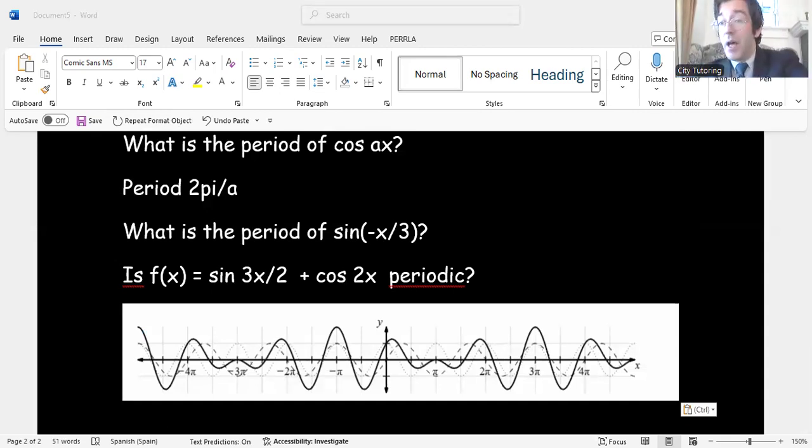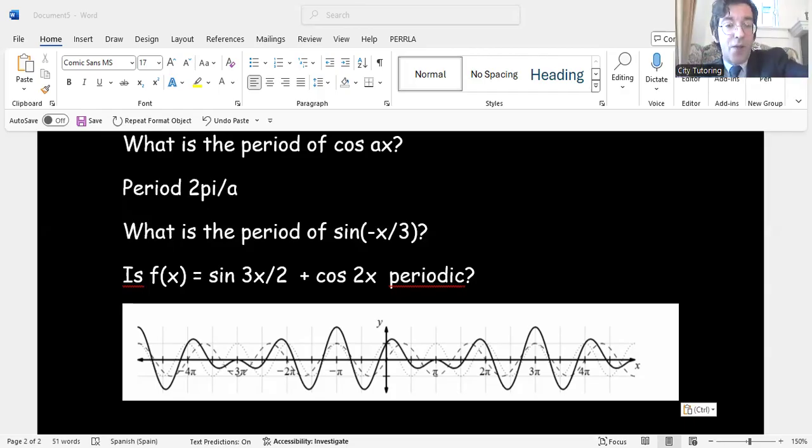So the solid line is sine of 3x over 2 plus cosine of 2x. And the dashed line is y equals sine of 3x over 2. And the dotted line, you should be able to see it also, very faintly though, I don't know why it came out like that, is y equals cosine of 2x.